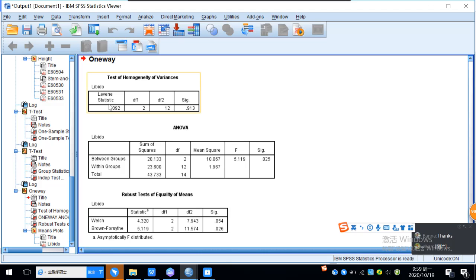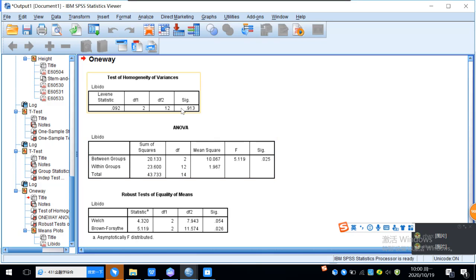And here shows the Levene statistic is 0.092. And the corresponding p value, or we can say the corresponding significance, is 0.913, which is more than 0.05, right?